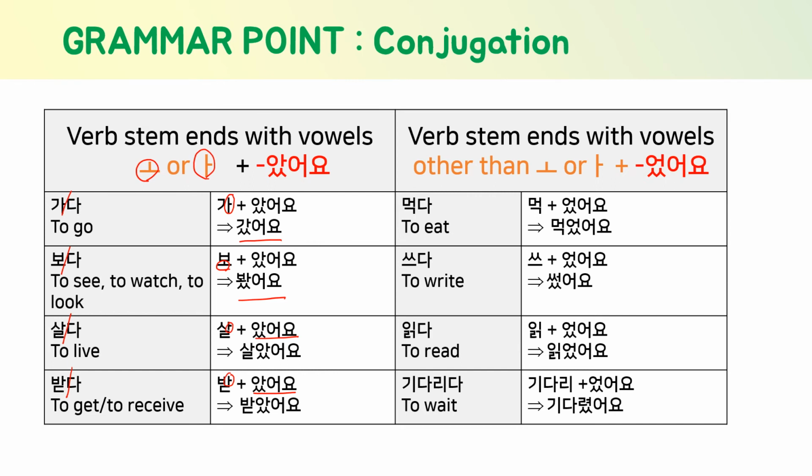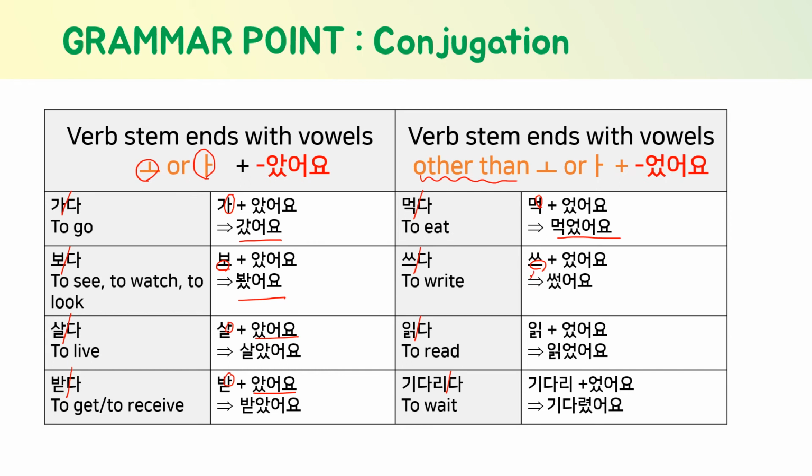But all the other vowels, other than o and a, you add 었어요. So 먹다, 쓰다, 읽다, 기다리다. 먹다, it's not o, it's not a, so add 었어요. 먹다 becomes 먹었어요. 쓰다, it's not o, it's not a, add 었어요, 쓰었어요.